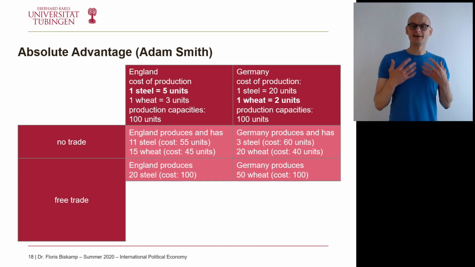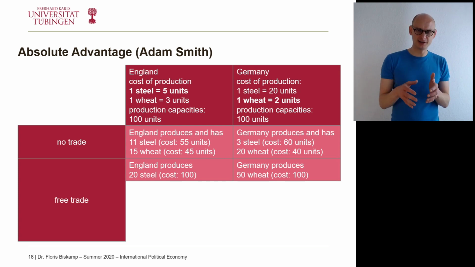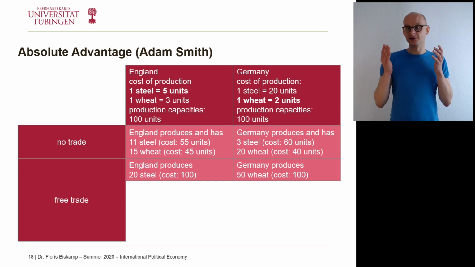So the English might decide to invest all their 100 units of production capacity into steel, and then they produce 20 steel. The Germans make the opposite calculation. They say, well, producing steel over here, that's such a hassle, we just won't do that anymore. We just focus on what we're good at, which is growing wheat. And so we invest all our capacity into growing wheat, and then they end up with 100 wheat.